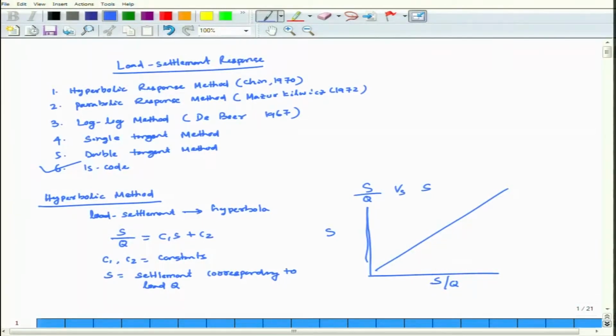Inverse of slope gives the ultimate load capacity. Inverse of slope means 1 by C1 gives the ultimate load capacity. This is the first one, the hyperbolic method.